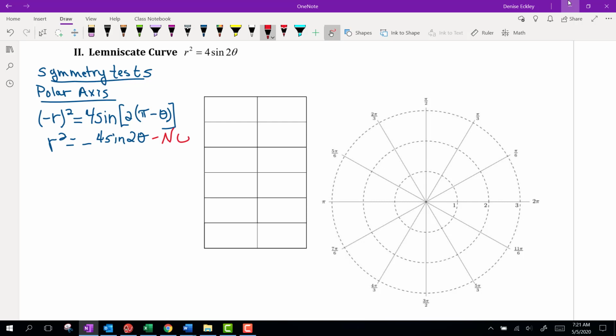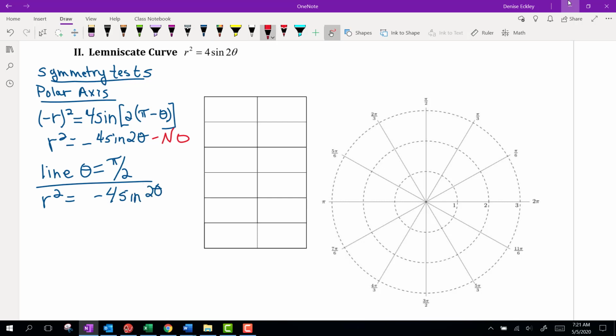And go through and do the work if you're not convinced. So if we do our line, we are going to get r squared is going to equal negative 4 sine 2 theta.